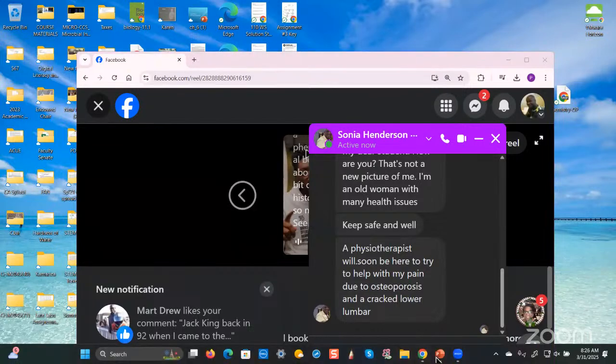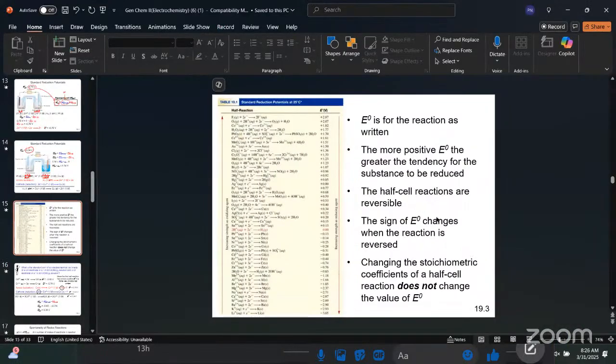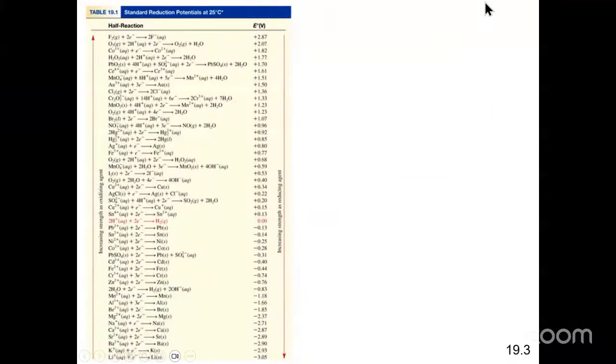So a couple of things I want to say here about these values before we look at some examples. Firstly, the standard EMF value is for the reaction as written. Basically all of these here are reduction half reactions, and these E values are associated with the way these equations are written.